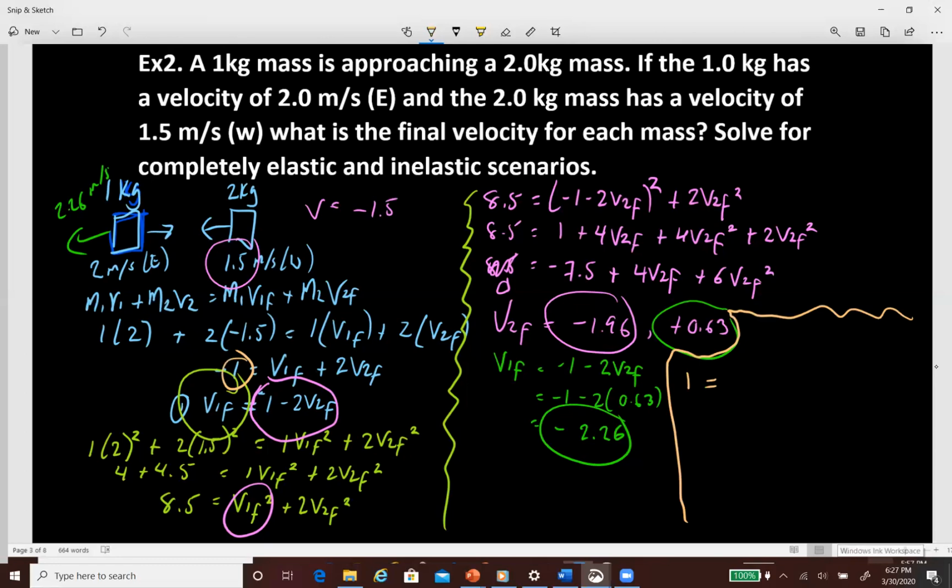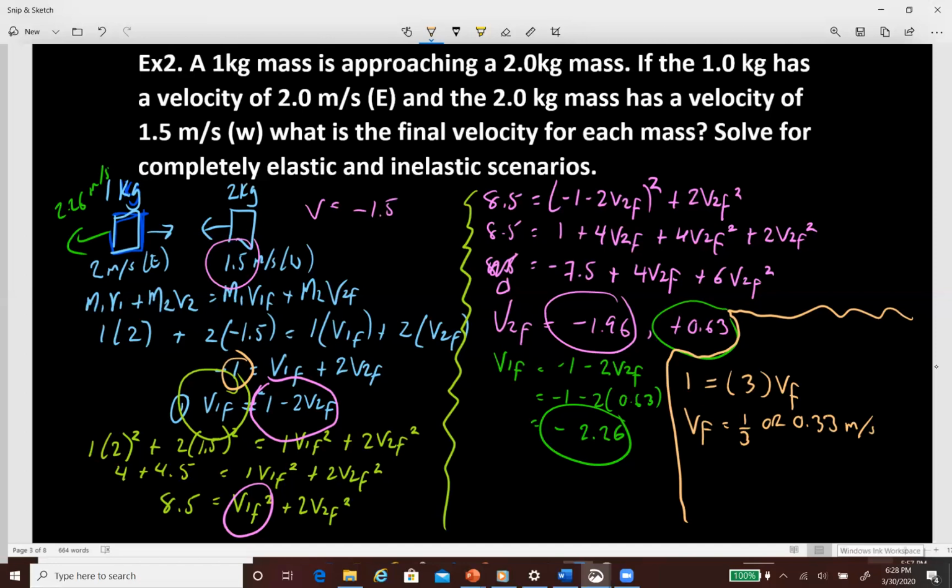But these two objects are completely inelastic, they're stuck together. So that's the combined mass of the two objects, which we know is 3, times the final velocity. So that's going to give us a final velocity of 1 over 3, or 0.33 meters per second.